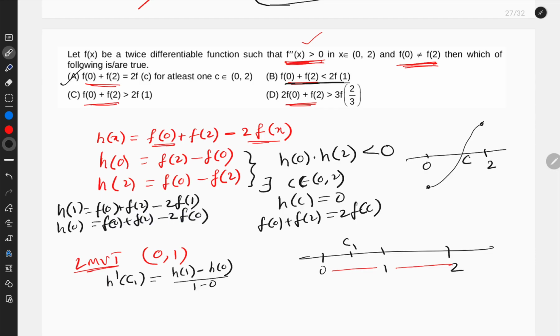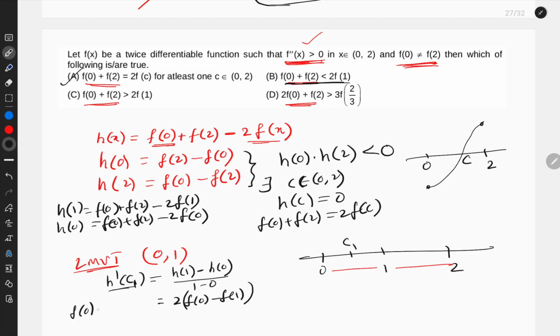If you subtract, it will be 2 times f of 0 minus f of 1, and this is h dash of c1. Since f double dash is positive, what is h dash of c?